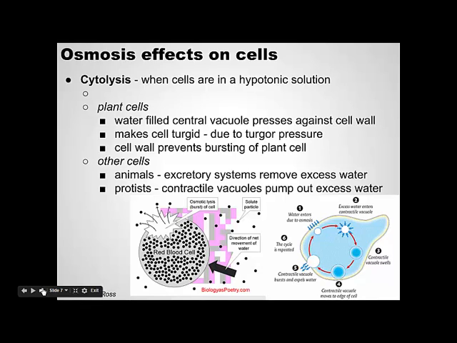Lysis, like lysosome, hydrolytic enzymes, digestive. It means basically to rupture, to break down, to burst. So when cells are placed in a hypotonic solution, again, a solution where there's less solute, water, due to osmosis, will travel into the cell. It can lead to the bursting of a cell.